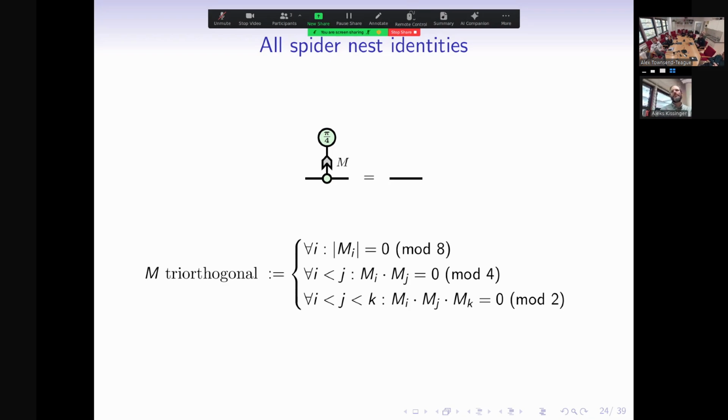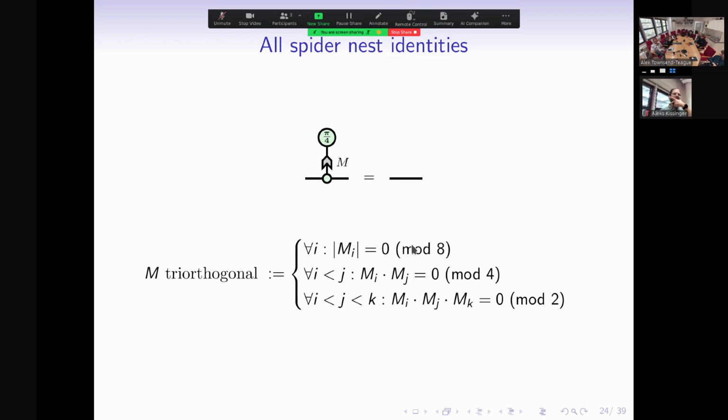If people know about magic state distillation or transversal T-gates, you see these things coming up. These are Boolean matrices which satisfy these triorthogonality conditions. We work with columns rather than rows, but normally you see it with rows in the literature. Every row needs to be 0 mod 8.